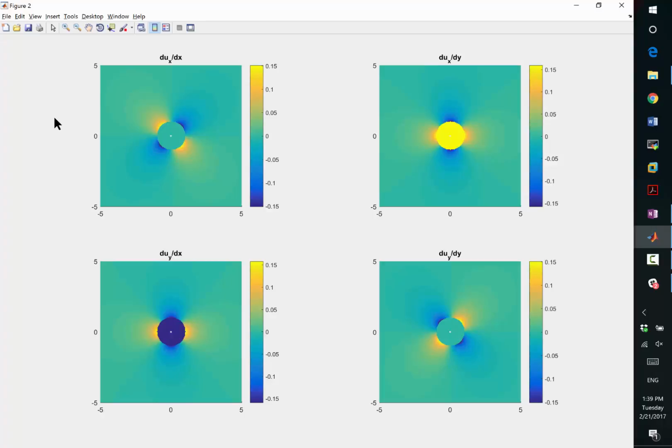First of all, inside the vortex core, the diagonal components are what? 0, right? There are no diagonal components inside the vortex core. And why is that? The vortex core is a solid body rotation, and solid body rotation corresponds to what?